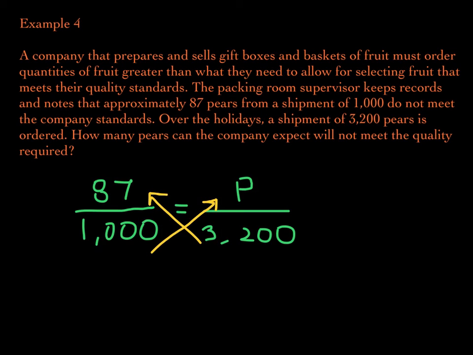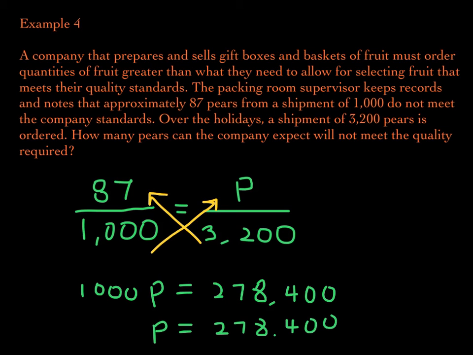So it'll be 1,000p is equal to 87 times 3,200, which is 278,400.